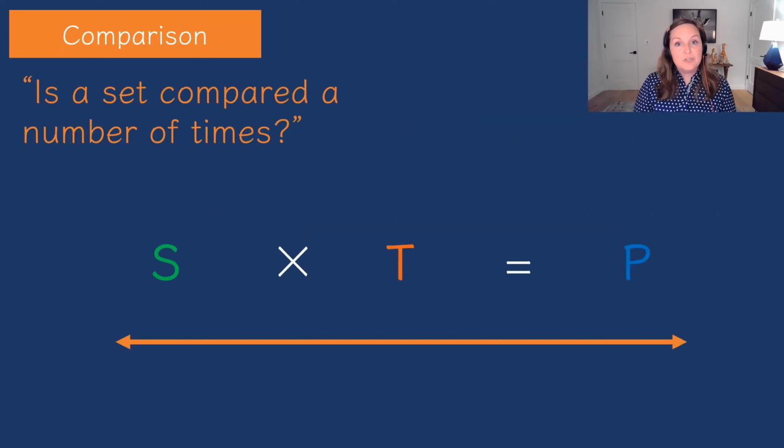To help students cue into whether a story is a comparison story, we could ask them to ask themselves, is a set compared a number of times? And if the answer is yes, they may want to use the comparison equation, S times T equals P, where the set multiplied the number of times equals the product. Or they might want to use a graphic organizer. Here, a number line is very helpful for solving a comparison problem.